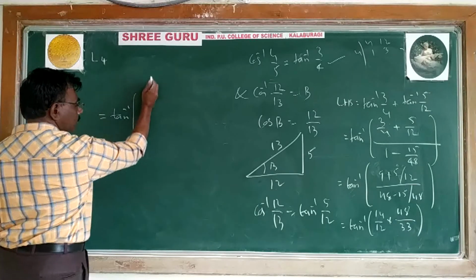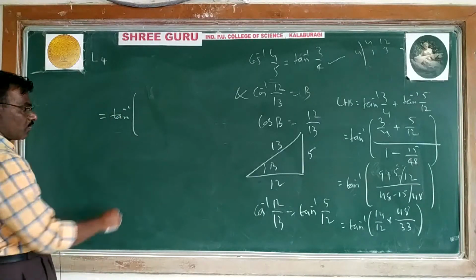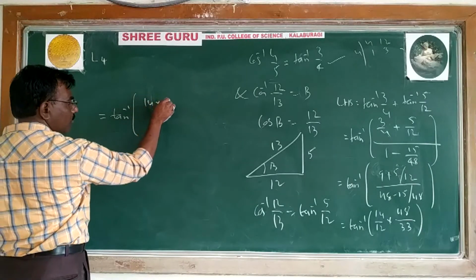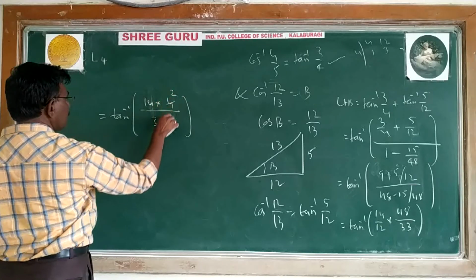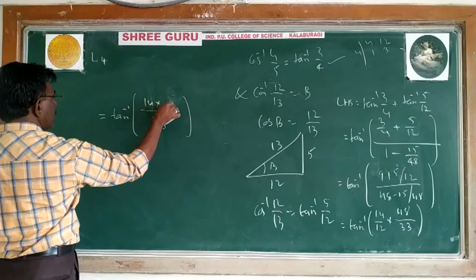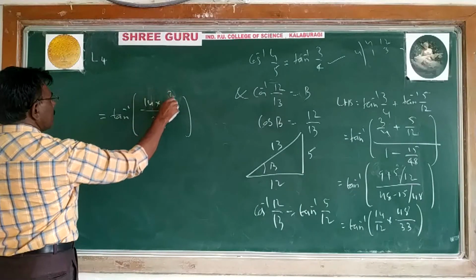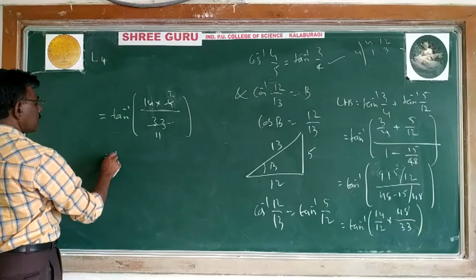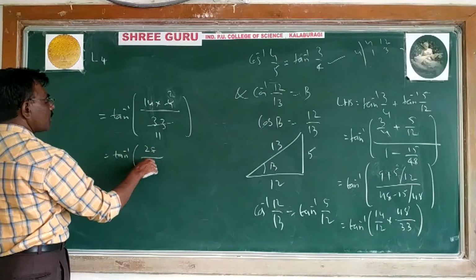Okay, it is 12 1, 12 4. 14 into 12 4 by 33, 2 2 okay, it is 4, 56, 2 2 2, 11, tan inverse of 28 by 11.